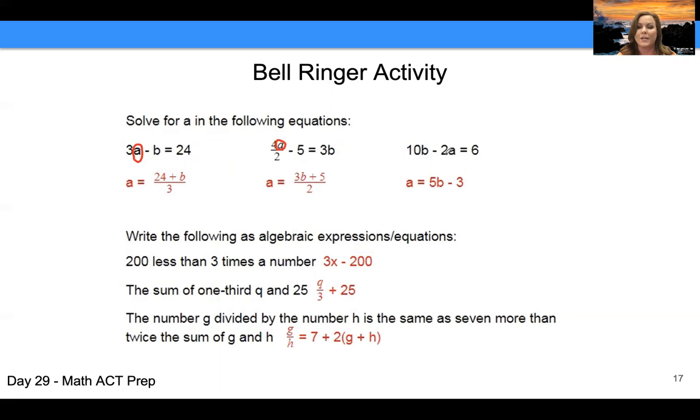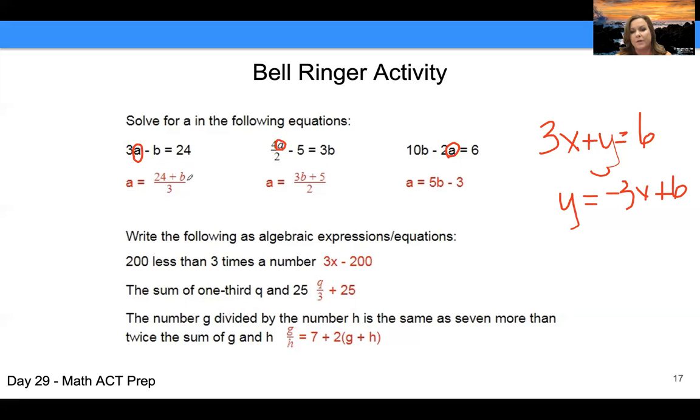We're just rearranging this equation, much like when you have a linear equation, 3x plus y equals 6, and you get it as y equals negative 3x plus 6. You've been doing this for a long time now with linear equations. This is solving for y. You're doing that exact same thing. You're isolating the A and getting everything else on the other side. B would be our independent variable, and A would be dependent on whatever B is.